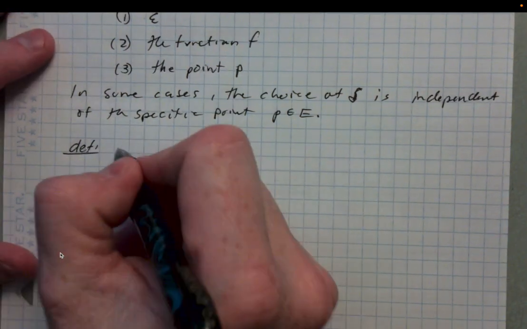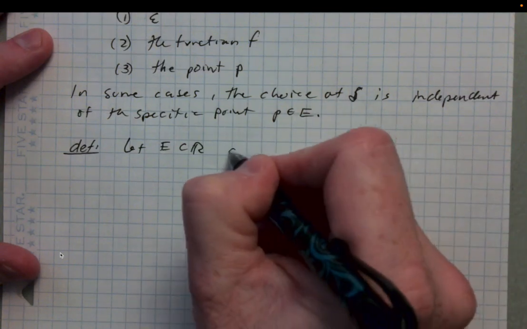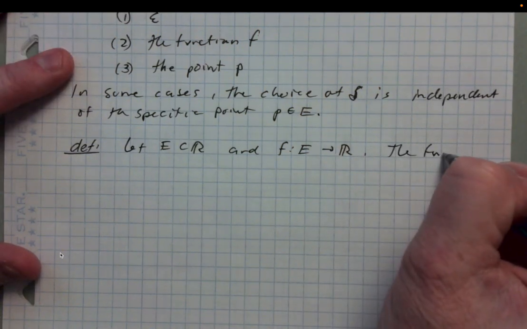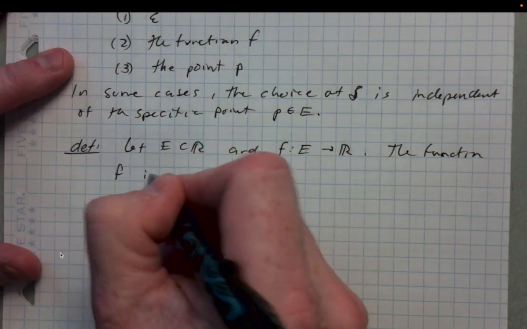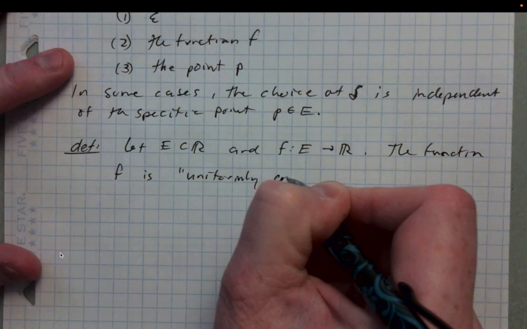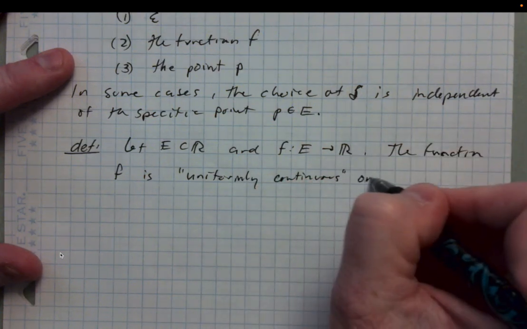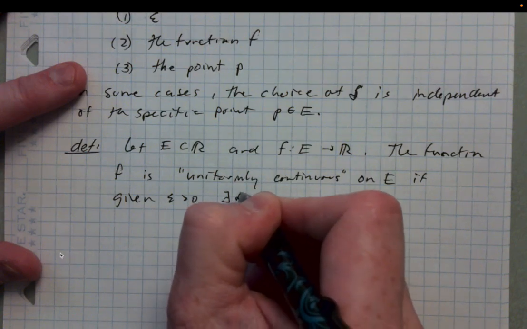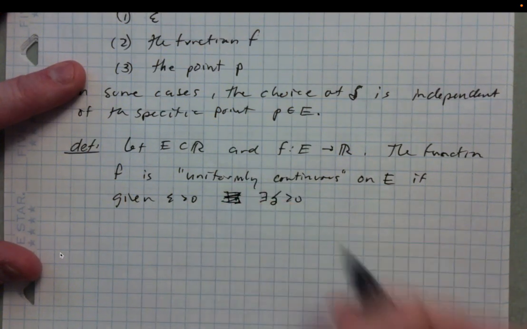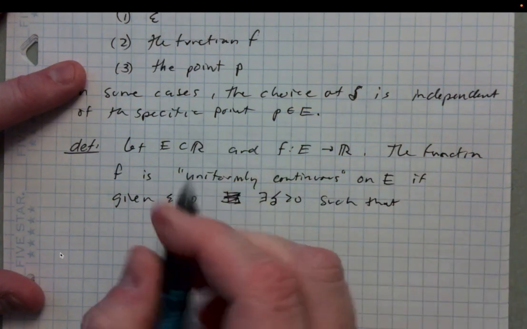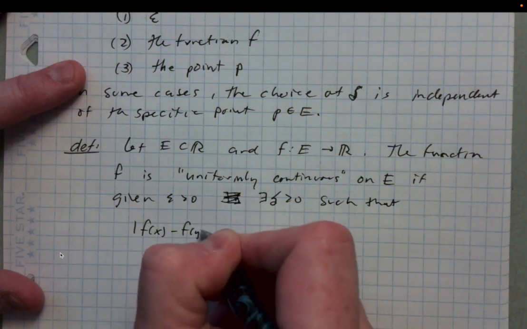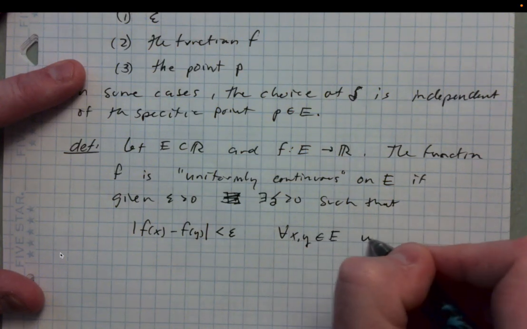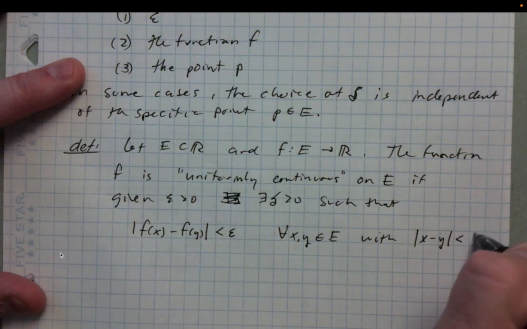Definition: let E be a subset of real numbers and f a function from E to R. Then we say the function f is uniformly continuous on E if, given epsilon greater than 0, there exists a delta greater than 0 such that |f(x) - f(y)| is less than epsilon for all x, y in E with |x - y| less than delta.